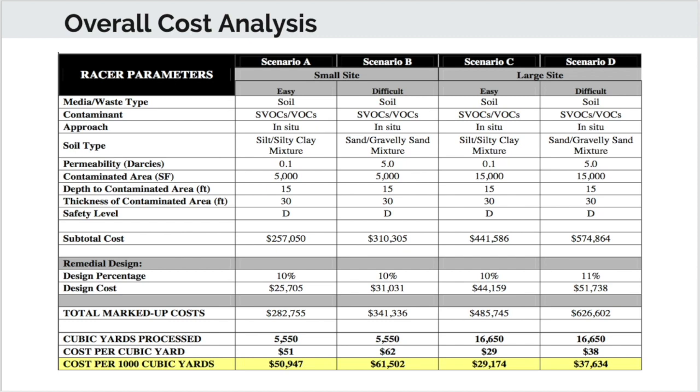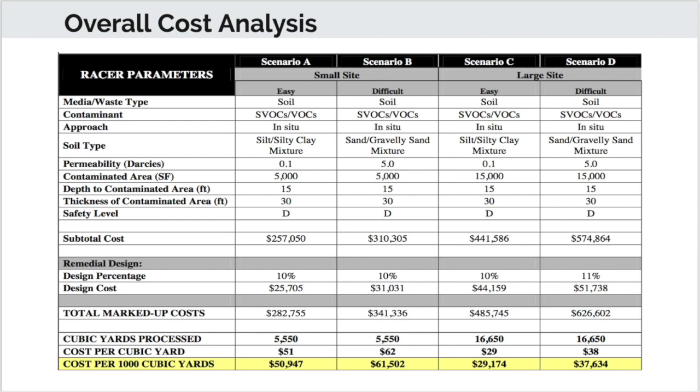The next slide has a graph of different situations and scenarios where you're treating. In the large sites, you are spending significantly less per 1,000 cubic yards, which once again is because you're treating a larger quantity of soil, so it gets the unit price down significantly.